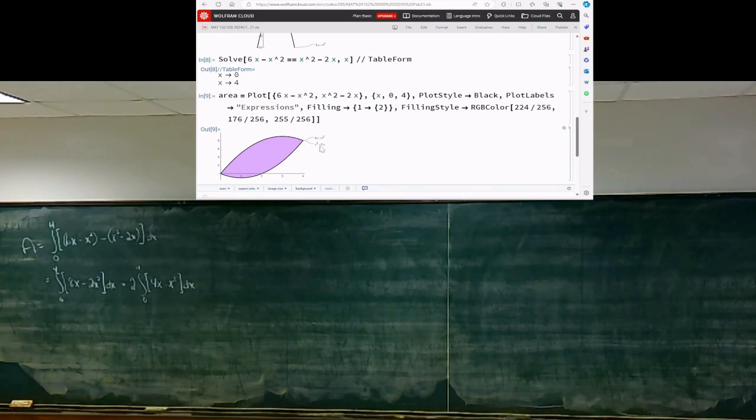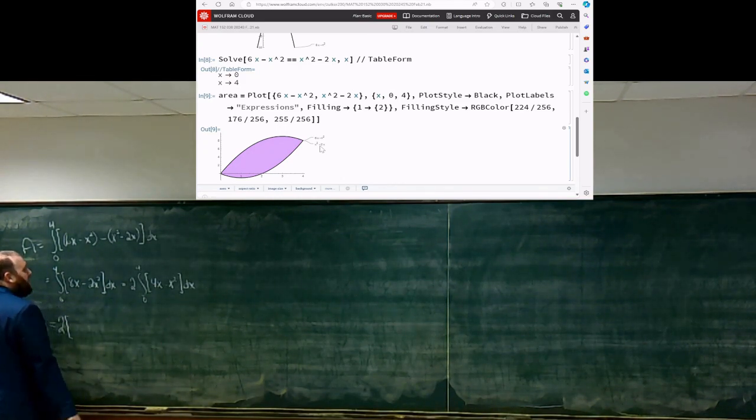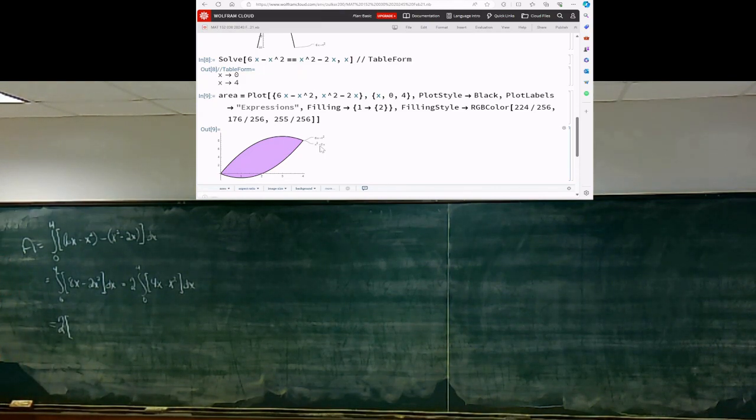There's our integral. Now evaluate it. What is that antiderivative? Should be negative 2/3 x cubed plus 8x.